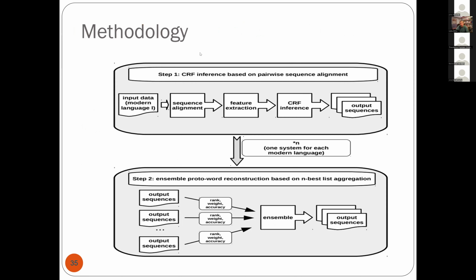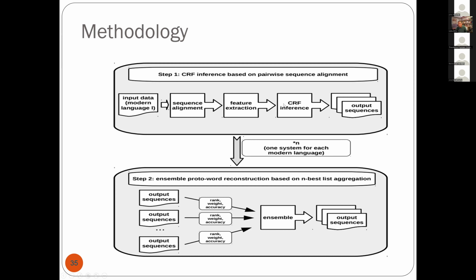So here is the methodology. Our idea was to start with data from modern languages. Then we decide the sequence alignment. Finally, the same Needleman-Wunsch algorithm was the best. Even here, we tried various other alignment methods, and finally we decided to keep the best one, the feature extraction, and we apply CRF inference.